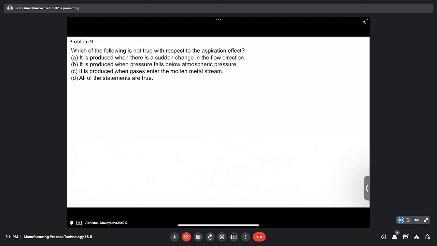Which of the following is not true with respect to the aspiration effect? If you can recall what the aspiration effect was, let me tell you briefly. Suppose we have a cavity.